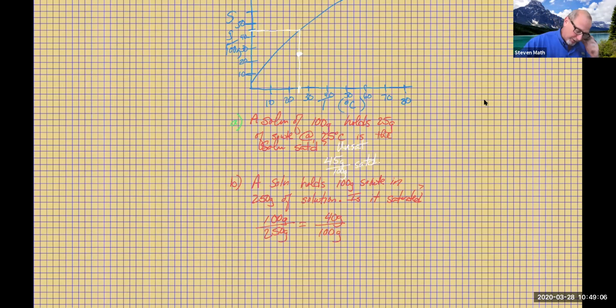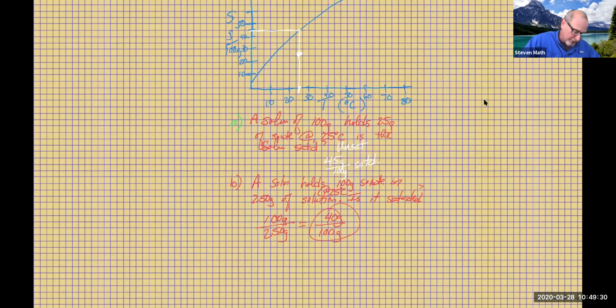Uh-oh, we need a temperature. We're also going to make this at 25 degrees Celsius. So now we're at the same temperature we were, but now instead of it being 100 grams of solution, it's now 250 grams of solution. Oh, well, I just have to use a ratio, bring that down to 100. Now it's 40 over 100.